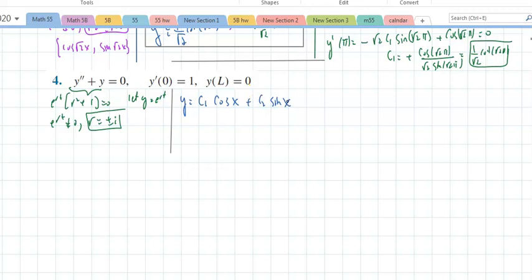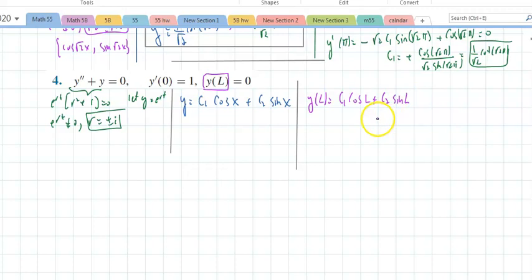And now all I have to do is find those coefficients, and here I'm going to notice there is a small difference from what I'm used to. This talks about y of L equals 0. So y of L is actually c sub 1 the cosine of L plus c sub 2 the sine of L, right?